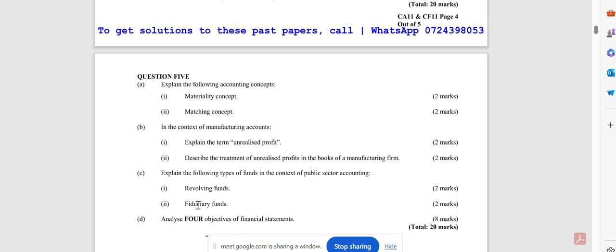So this separate fund that is maintained and managed by the government on behalf of other parties is what we call fiduciary funds. Are you together? For example, pension is a good example because the government is required to manage this pension on behalf of the civil servants. So it's a good example of a fiduciary fund.